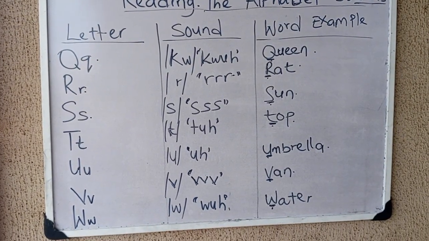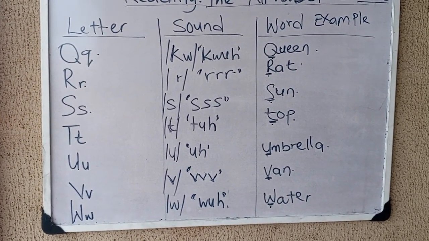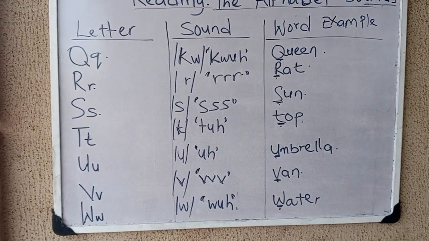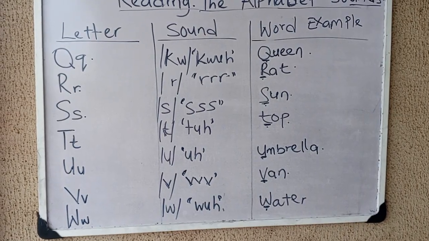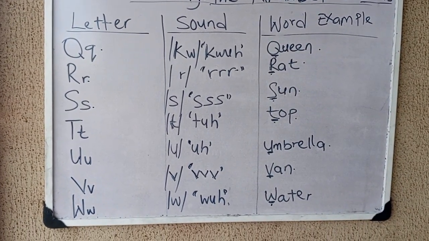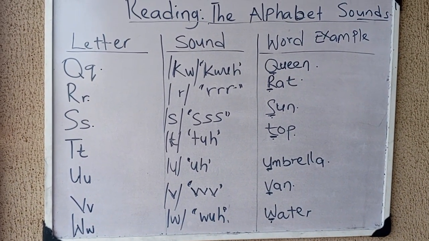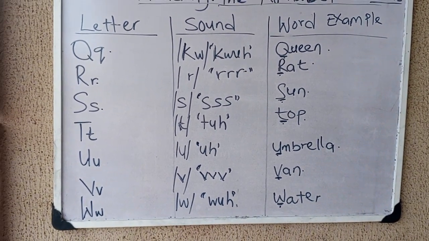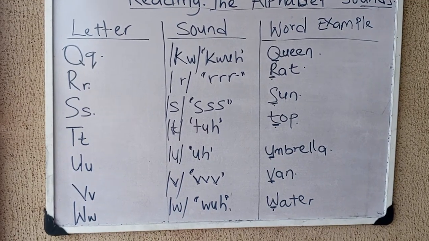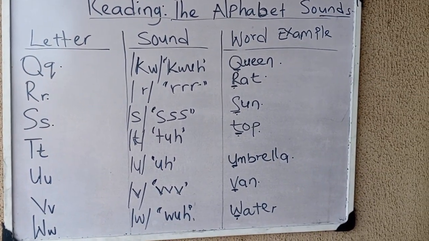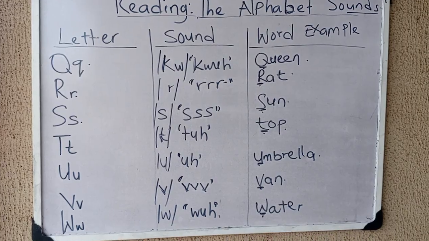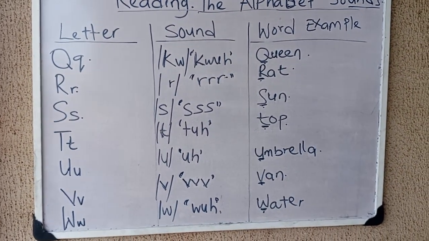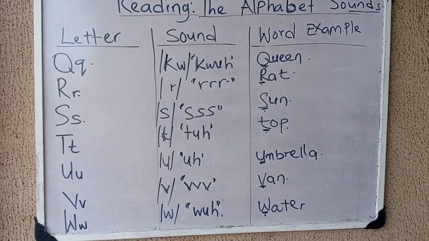So that is that. We have the next letter there, the V. That's the name. Letter V. All right, and the sounding is v, v, v, v. All right, v. After me again, v, again, v. We have the word example as in van, van.